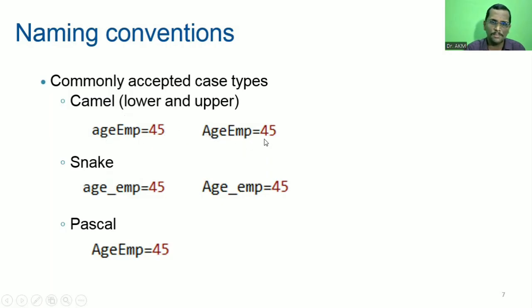Here also the value is 45, but uppercase and lowercase letters are mixed, and it is acceptable. Similarly, age_EMP, where the first letter is a small letter, and Age_EMP, where the first letter is a capital letter. It is allowed. Similarly, AgeEMP, with the first letter and E as capital letters. These are also commonly accepted case types.